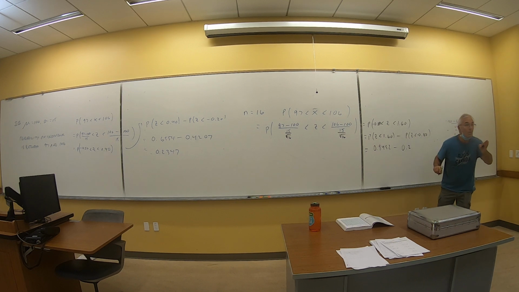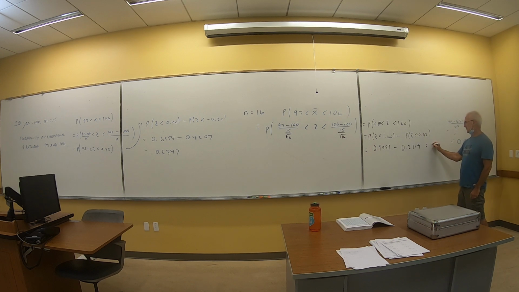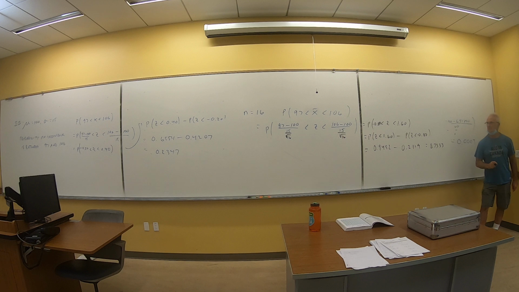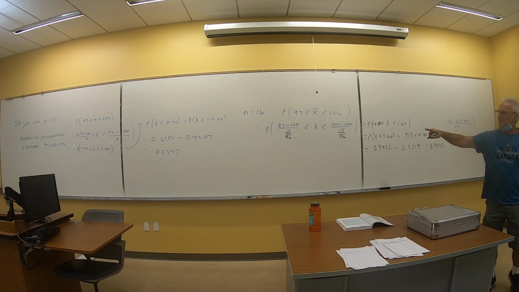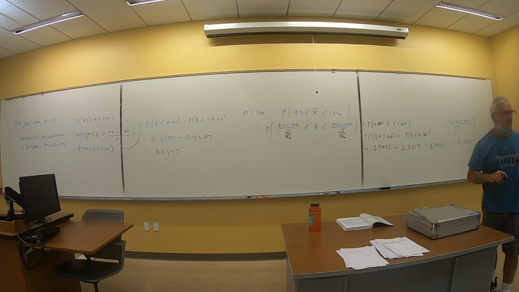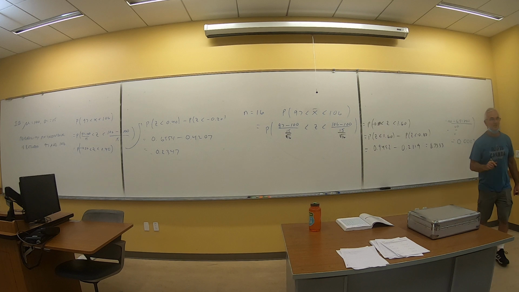Yeah, that makes more sense. And so what does that give us? Wow, that's way bigger. An individual being in this range, almost a fourth of the people are in this range. But if I took groups of 16, almost 3/4 would be in this range.